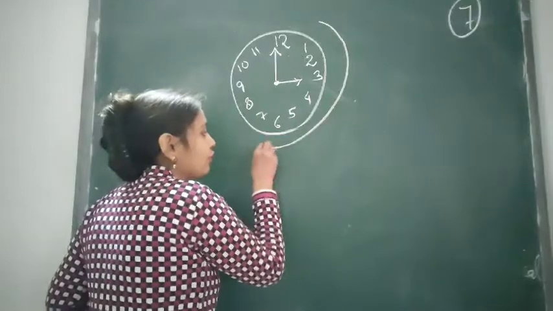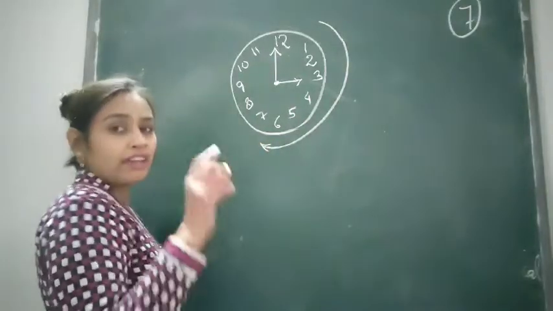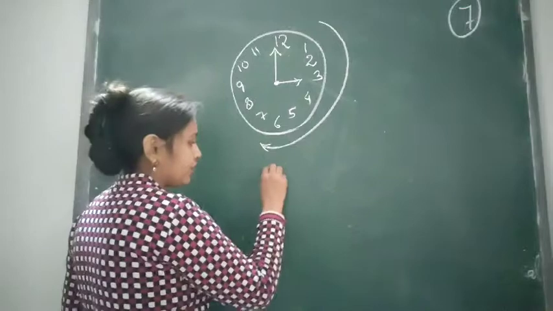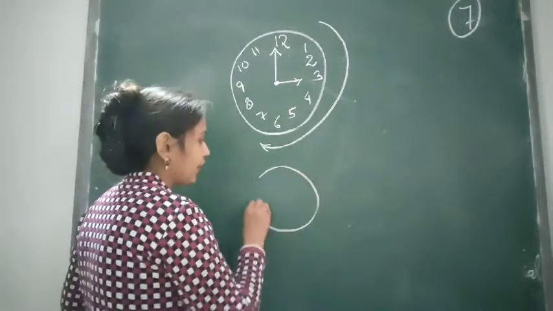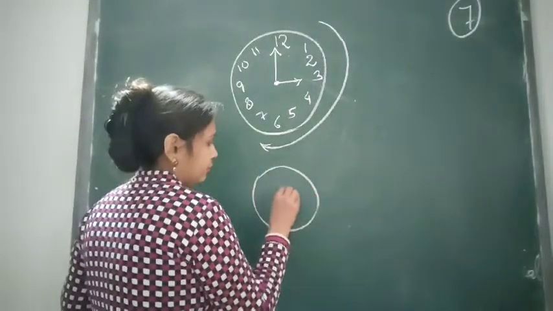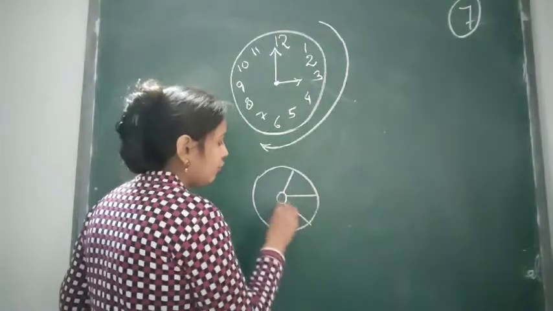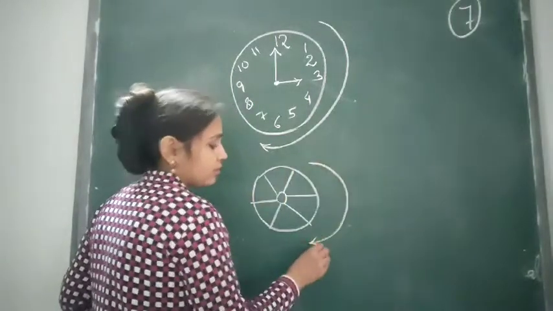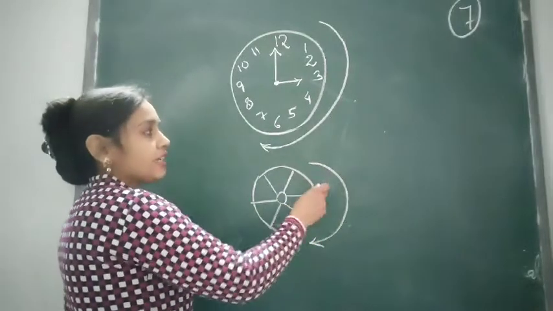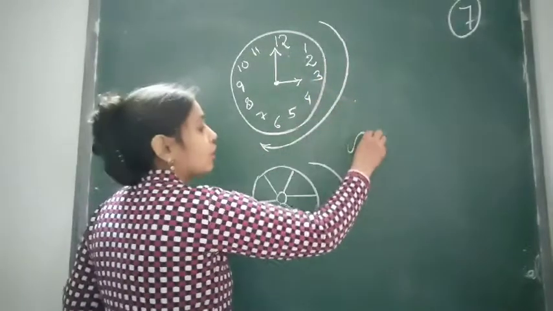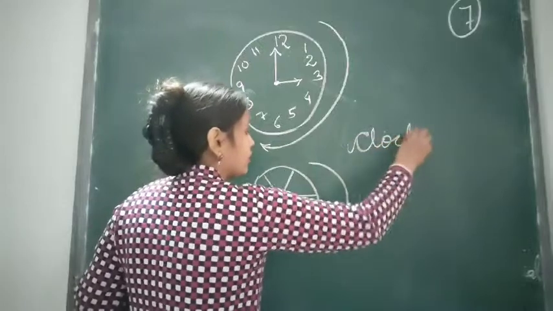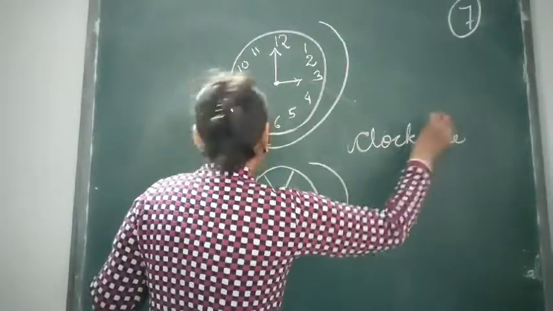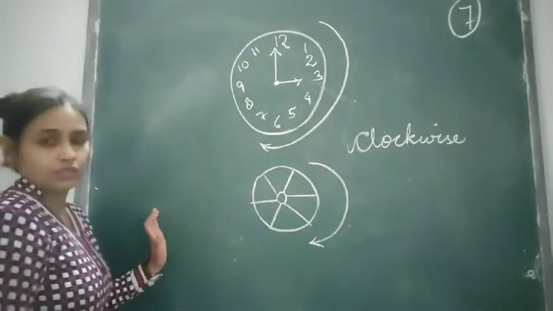So when the movement of a clock is in this direction, now if anything rotates, for example a wheel, if you rotate a wheel in this direction, then it is said to have a clockwise rotation, right?